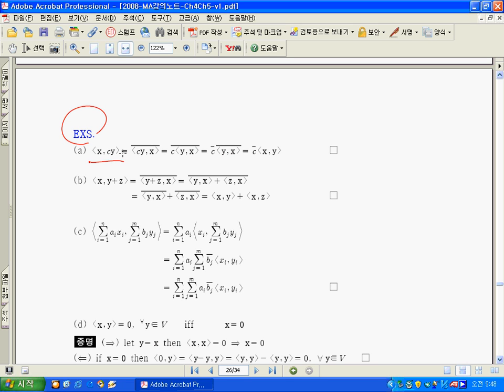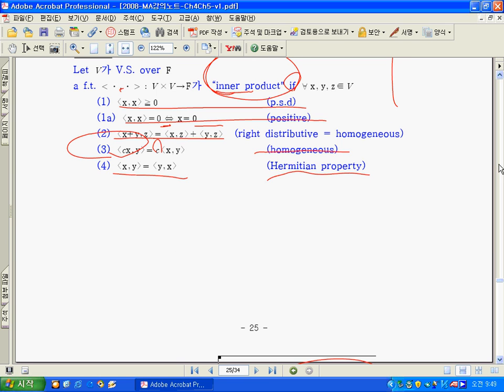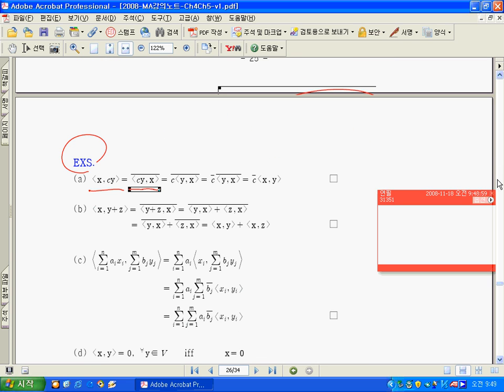Suppose you have an inner product. Then the inner product of x and cy is the same as c times the inner product of x and y. Here we can show these two are the same, because of the homogeneous property, c can come out.